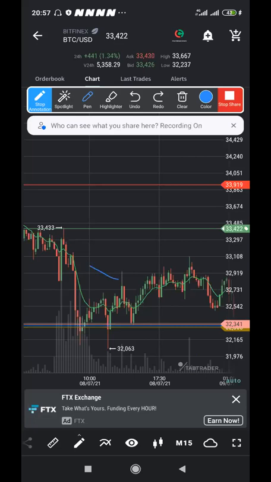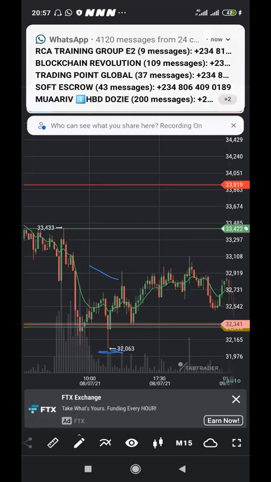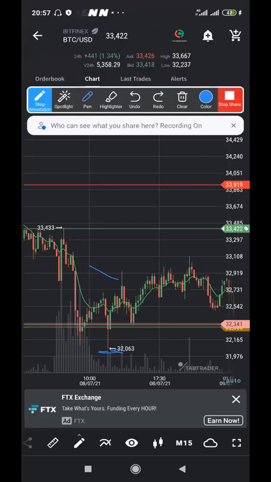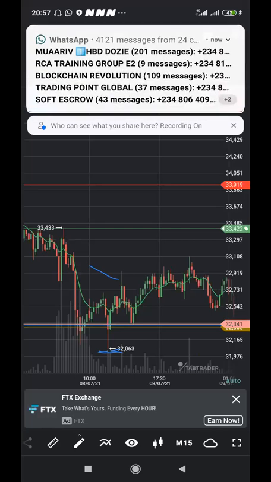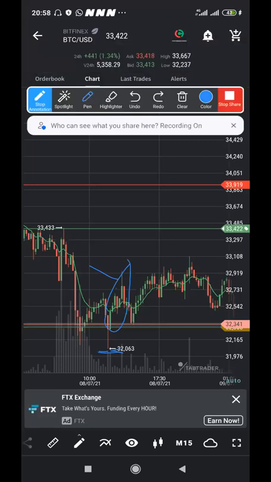So on this 15 minutes chart, where you enter trades, I've said this over and over, you can use the 15 minutes chart to get into a trade. When you get a dump like this, and then you notice a reversal candle, and then you're seeing it's forming an uptrend, you allow the trend to form.